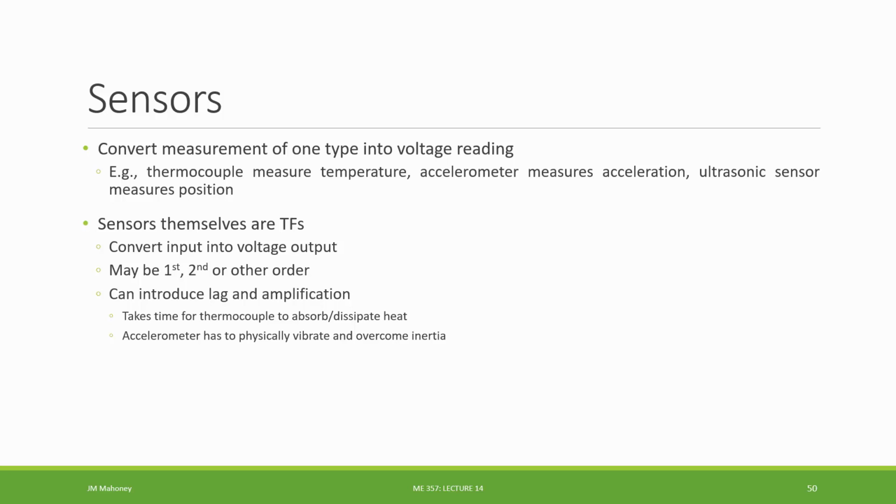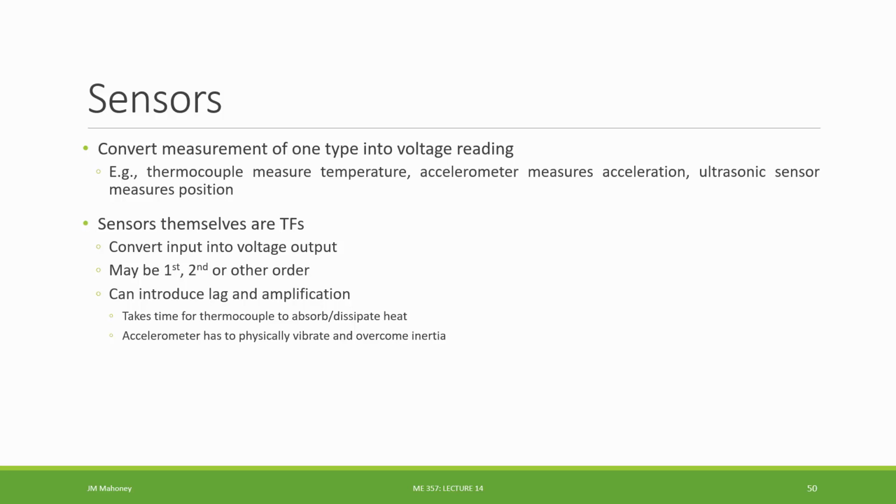And if we're working with another type of sensor like an accelerometer, it has an actual very small cantilever beam in it. So what the accelerometer is sensing is going to be dependent on how fast that beam is vibrating. But the beam itself has this inertia that it has to overcome. It's not going to give us an instantaneous reading of the physical quantity.